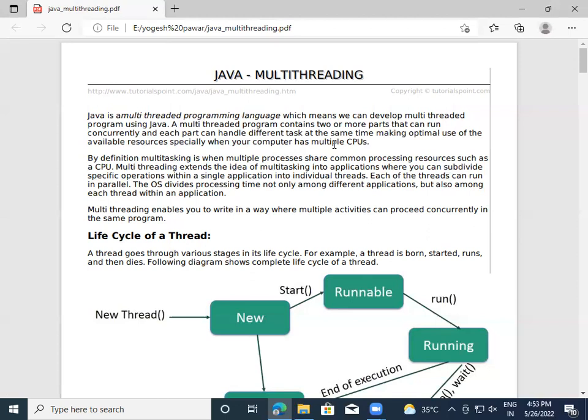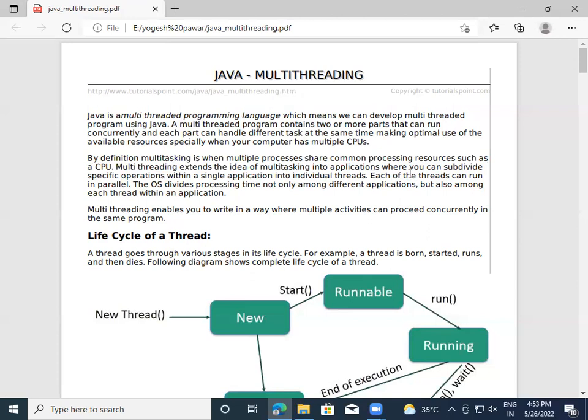By definition, multitasking is when multiple processes share common processing resources such as a CPU. So it is nothing but a common processor. If you are sharing it among multiple resources, then at that time we use multi-threading.